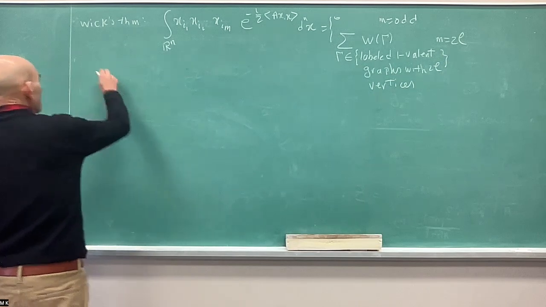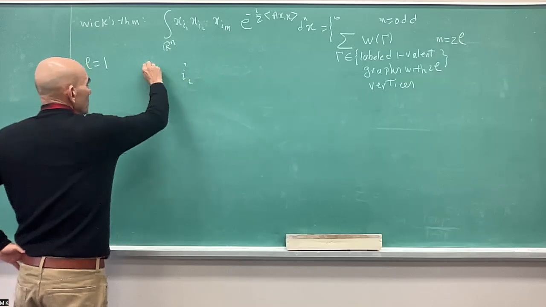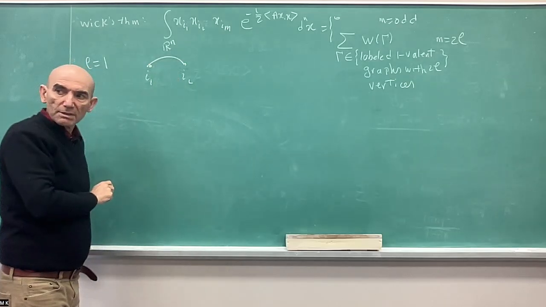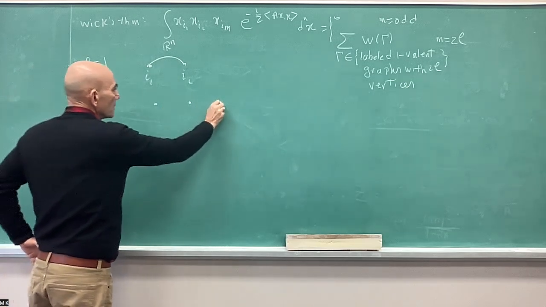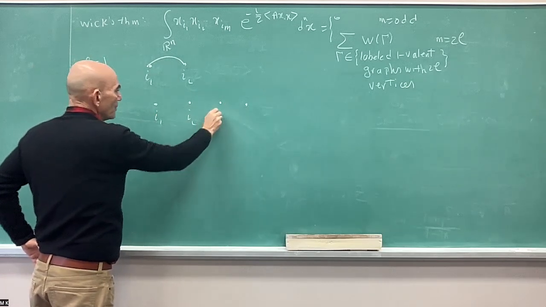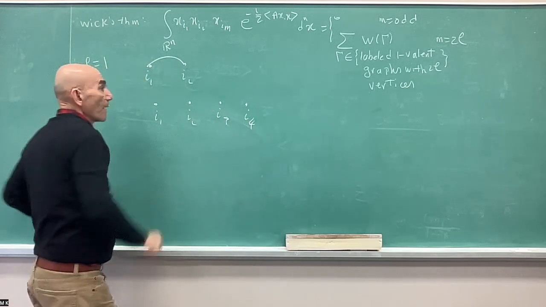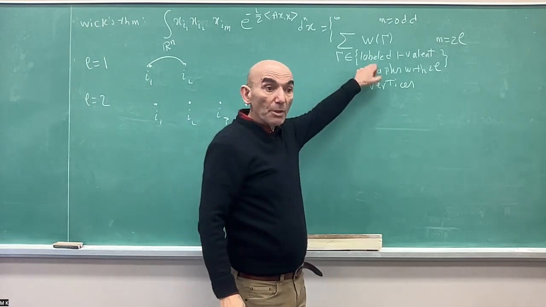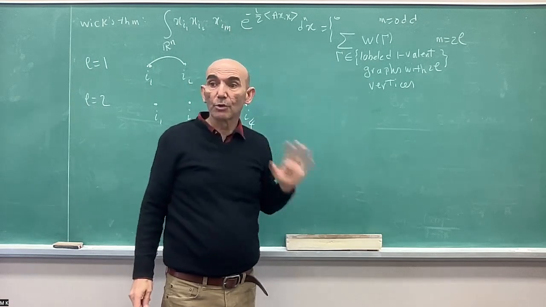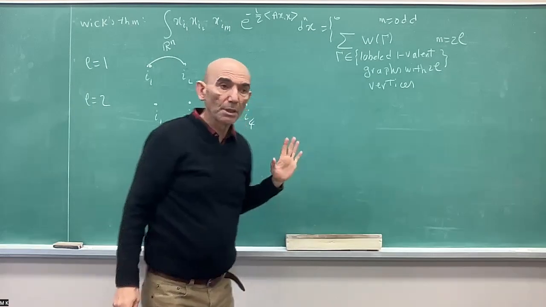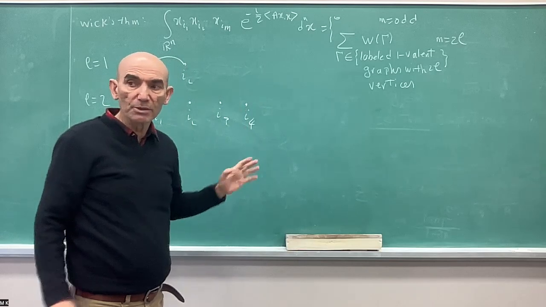So imagine if L is equal to 1. So this is i1, i2. There's only one such graph. If L is 2, you've got i1, i2, i3, i4. And in this case, how many? Labeled by this set of i1, i2, ..., im. That's important to call it labeled, because they don't have symmetries as a result. Once these objects are labeled, they don't have symmetries.